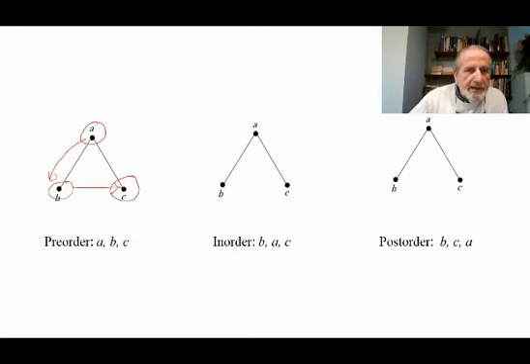A, B, C. In order, you start with the left child, and you go to the root, and then from the root, you go down and visit the rest of the children. I have only one here. So it's B, A, C.